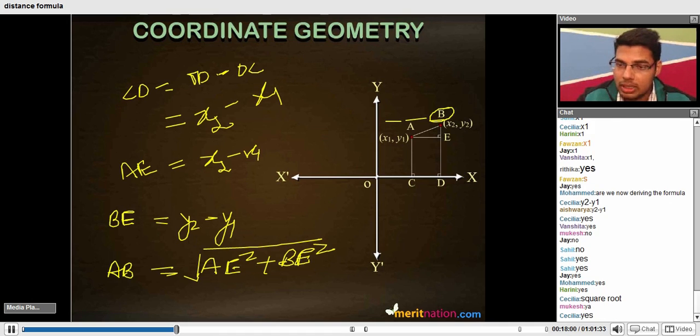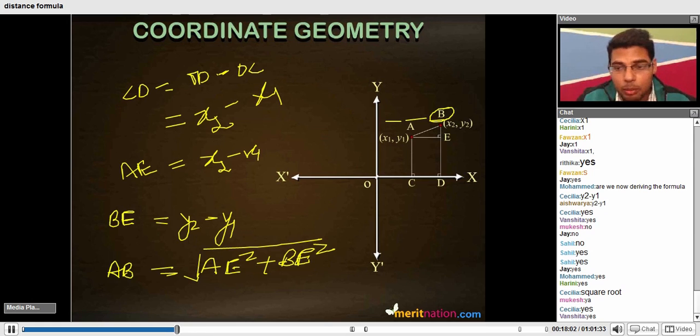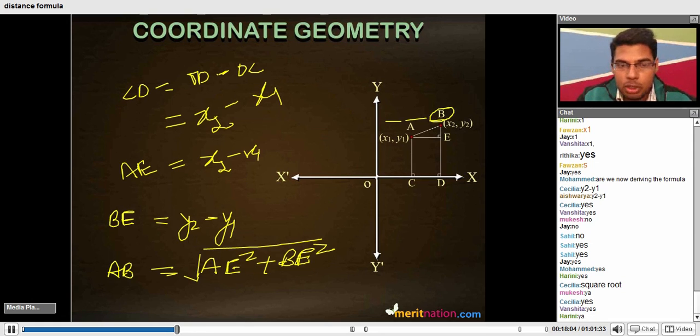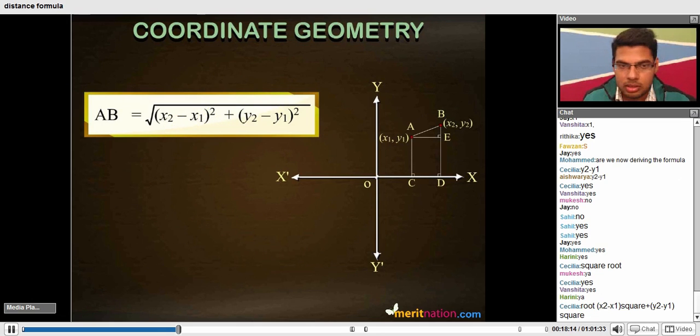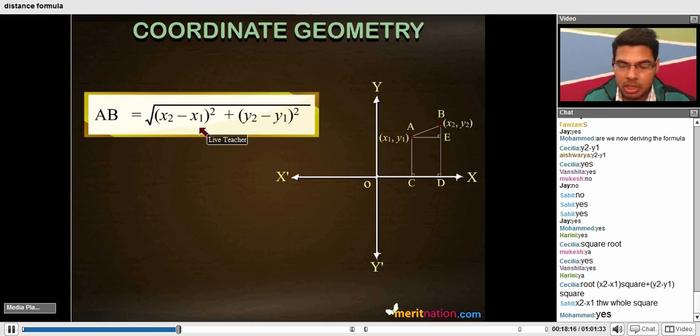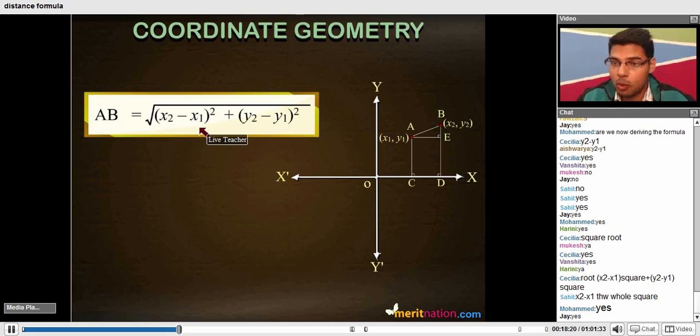Now try to put the values. AE is nothing but x2 minus x1 and BE is nothing but y2 minus y1. So do we have a formula now? AB will come out to be root over x2 minus x1 whole square plus y2 minus y1 whole square. All of you agree?